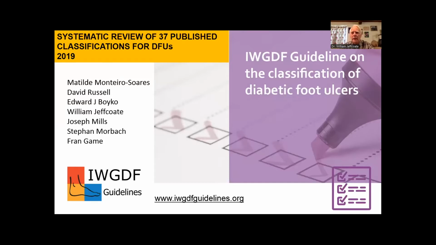One reported in 2019, and you can see the participants in that. You can also see at the bottom it says IWGDFguidelines.org. Anything about classification, you can actually stop listening to me now and go onto those guidelines, and you've got plenty of time to look at it. But let me try and summarize the details. Can I have the next slide, please?